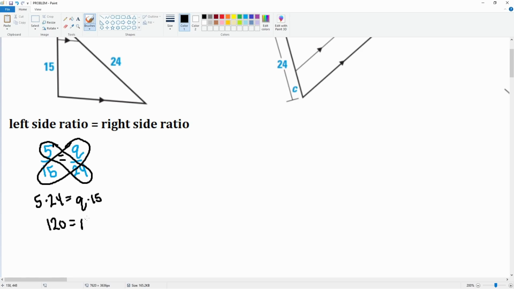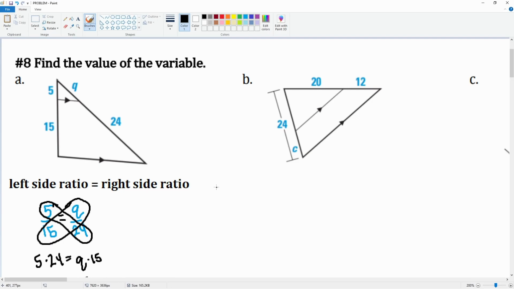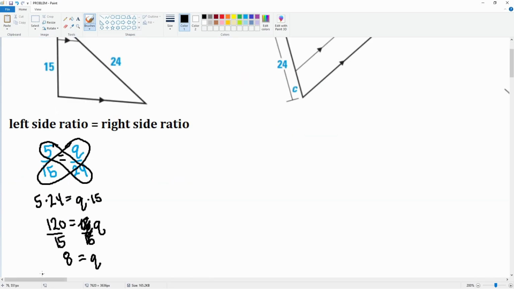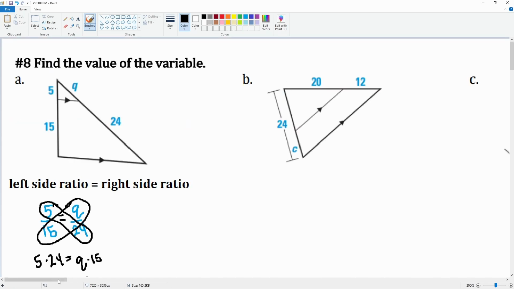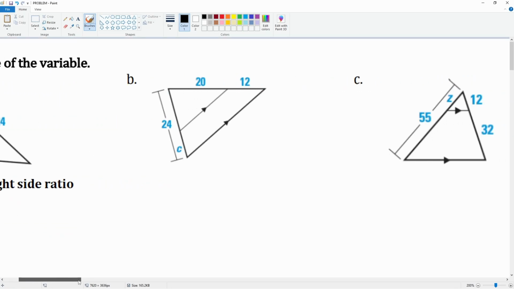Q times 15 is just 15Q. Divide by 15 to both sides. This gets you Q is equal to 120 divided by 15. It is just 8. Right? There you go. Okay? Because these have to be proportional. All right? Okay. Take a look here.